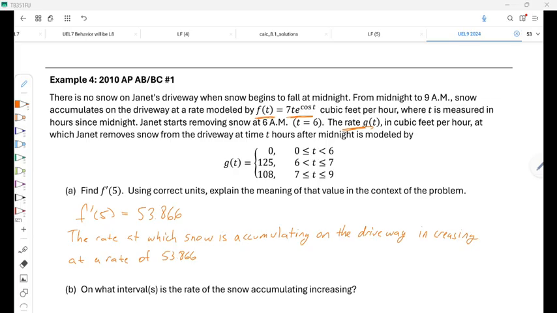So we're going to take your, what is it? Cubic feet per hour. And we need to say that this is instantaneous, and the way we do that is we say at time t equals 5 hours. Boom.